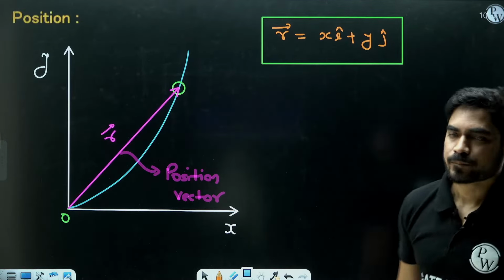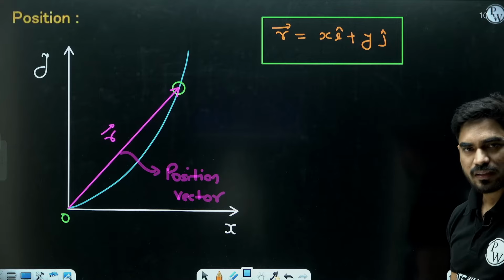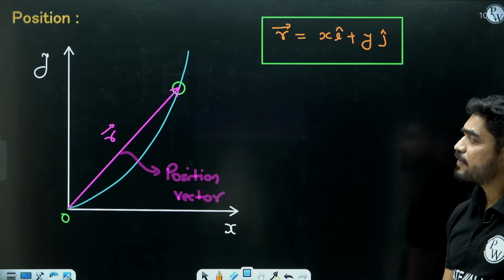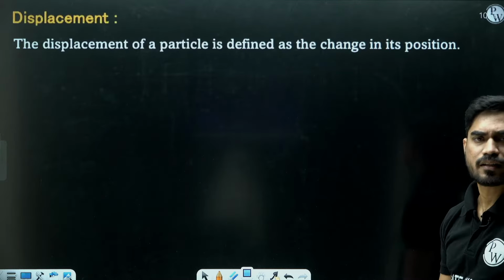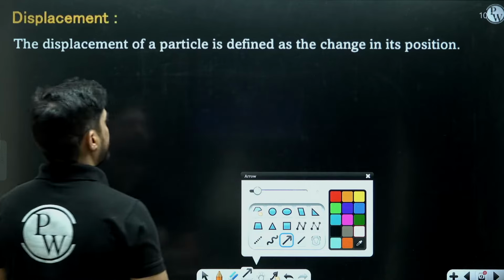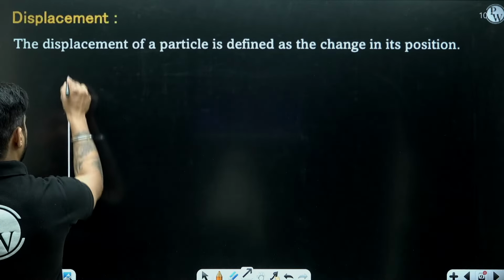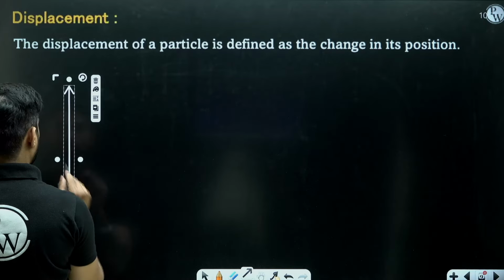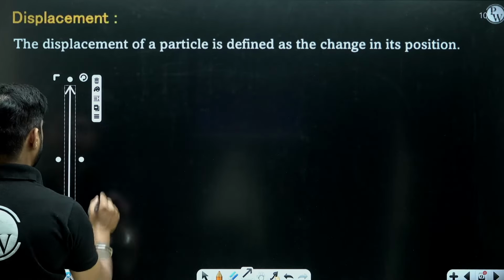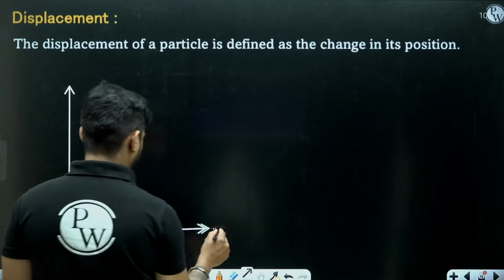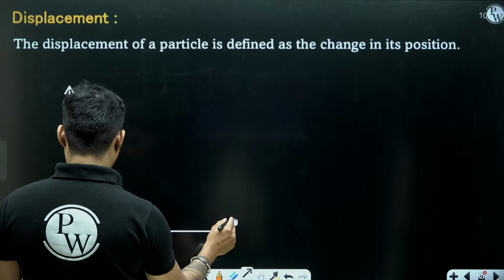Now let's move on to the next motion variable, which is the displacement. So how do we define displacement here? In case of rectilinear translational motion, I told you that you don't need to define the displacement as the shortest distance between the initial and final position, but here we are going to use that.